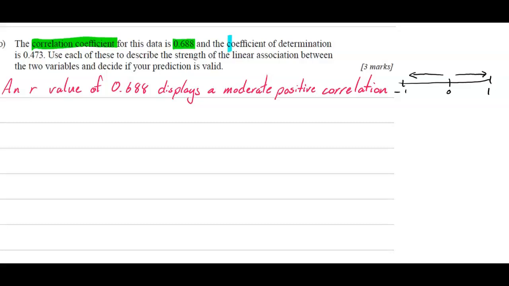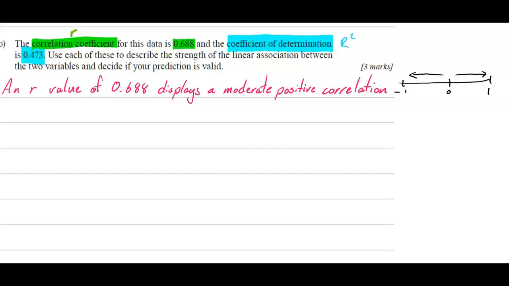A coefficient of determination of 0.473. Now our coefficient of determination, guys, is our R squared value, where our correlation coefficient was our R value. Now what our R squared value tells us is the percentage of variation in y and how it can be explained by x.